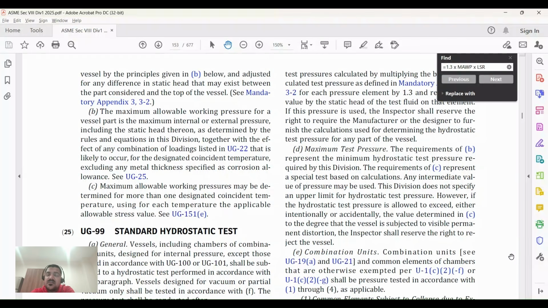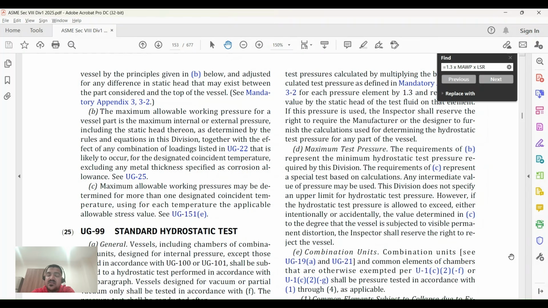Over pressurizing, as far as ASME is concerned, they are not limiting the manufacturer to a maximum test pressure, but of course, that over pressure should also not be capable enough to deform or distort the vessel itself.